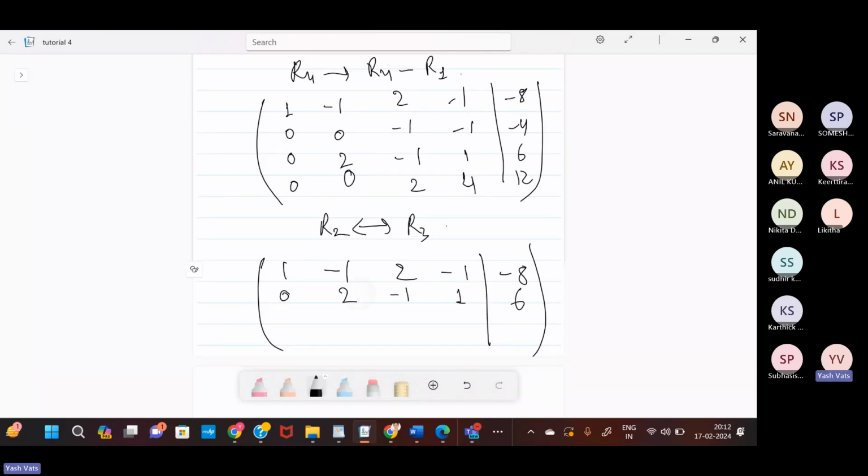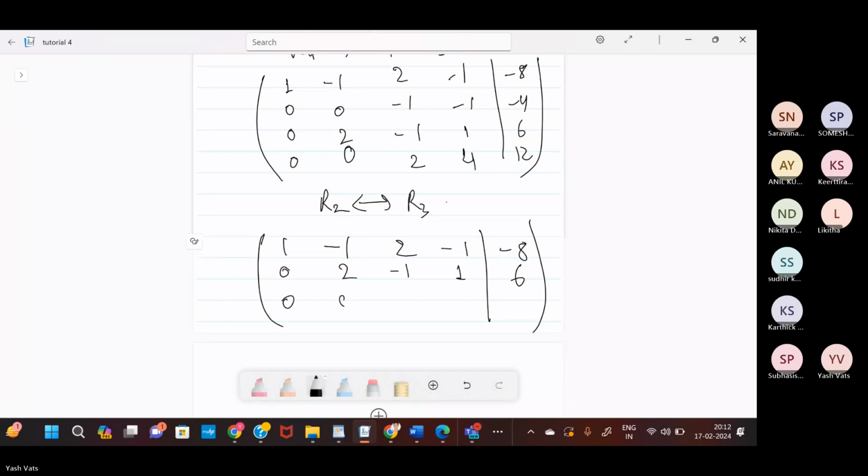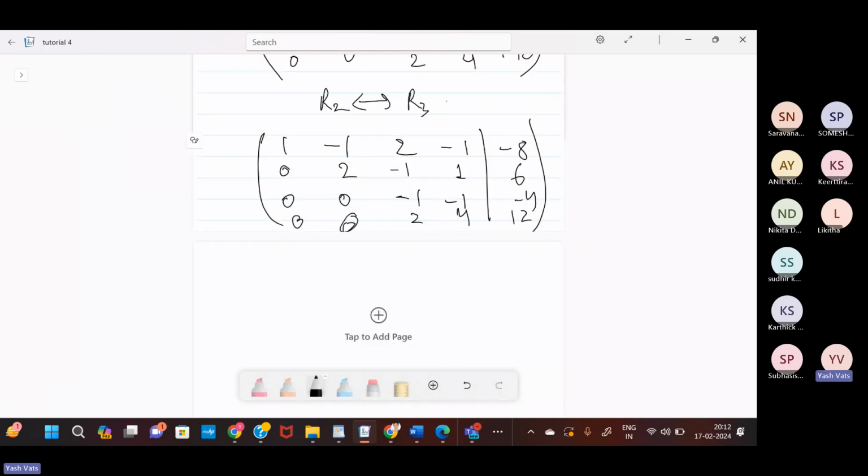Only Anil is speaking. Anyone else? Okay, next operation, tell me. Tell me, anyone. R4 replaced by R4 plus 2R3.